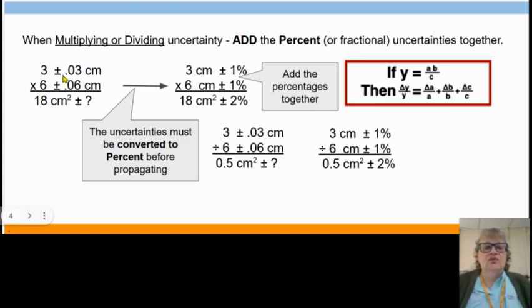So just to review, to get to the percent, we take the 0.03 and we divide it by 3, and then we multiply by 100. So that's how I got the 1% and the 1%. You add the percents together. Same thing with dividing. You have to change them to percents and you add the percents together.